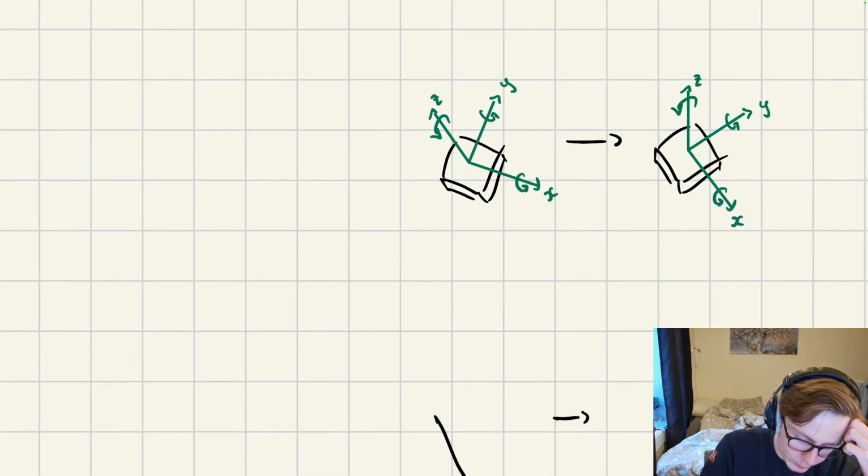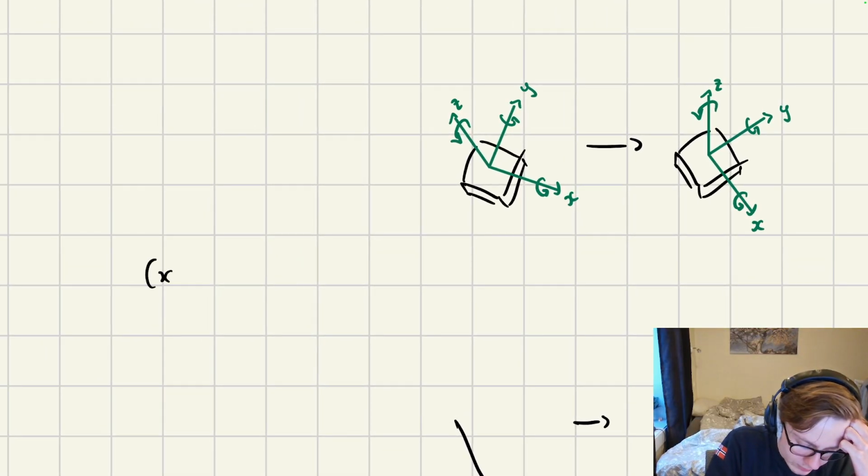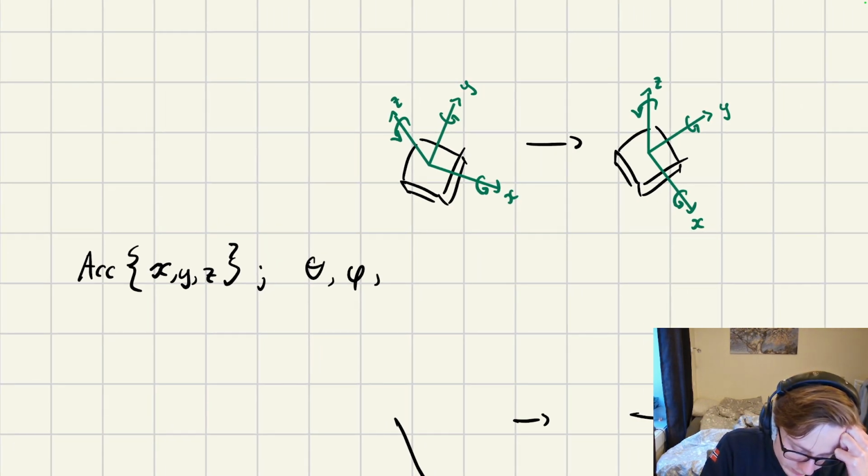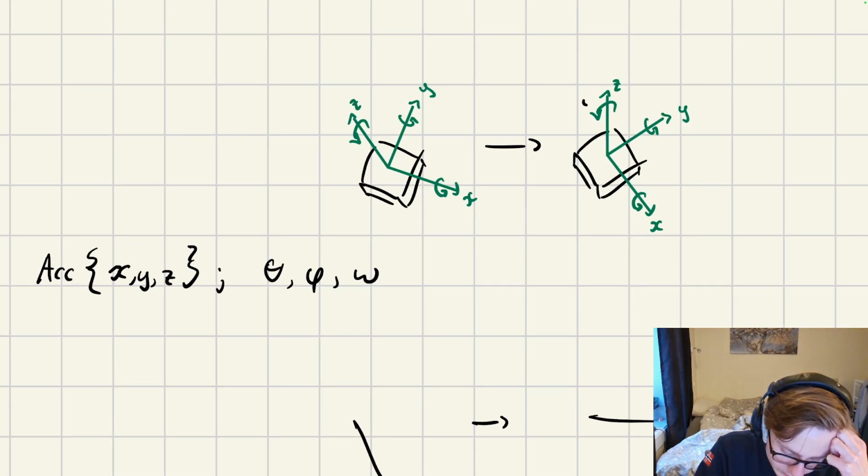Okay, we can assume we have an acceleration x, y, and z value. And theta, psi, and I guess what's normal, omega? We call this omega. Psi, theta.